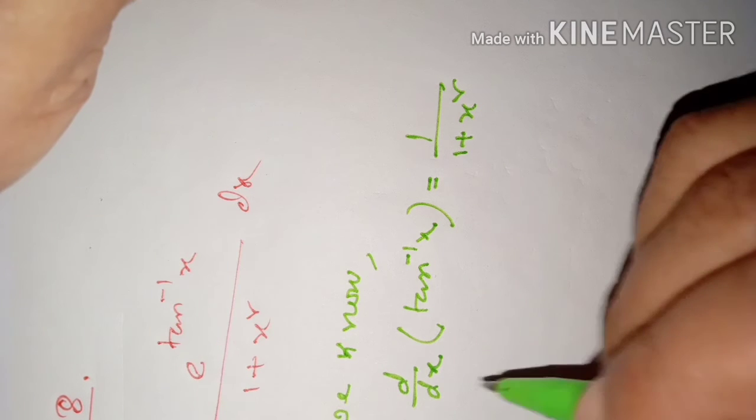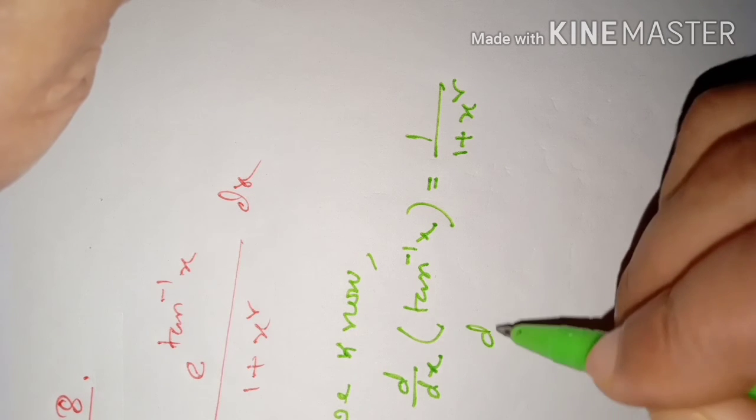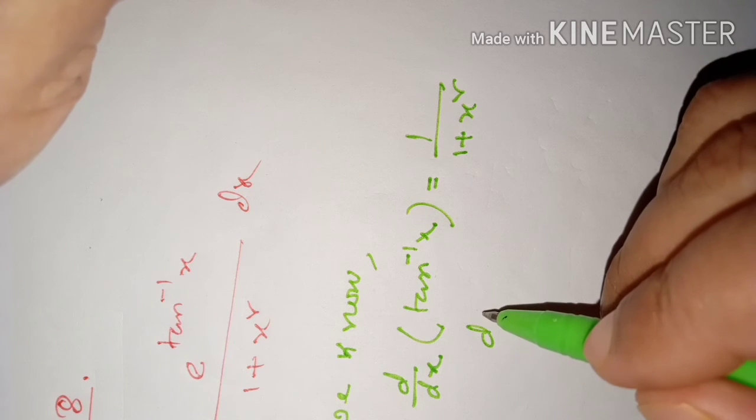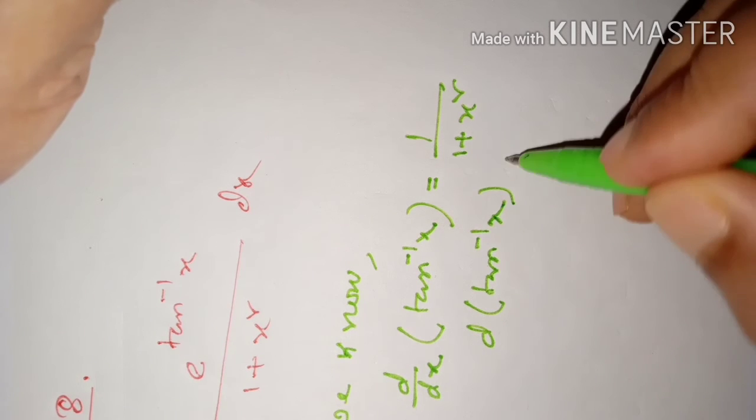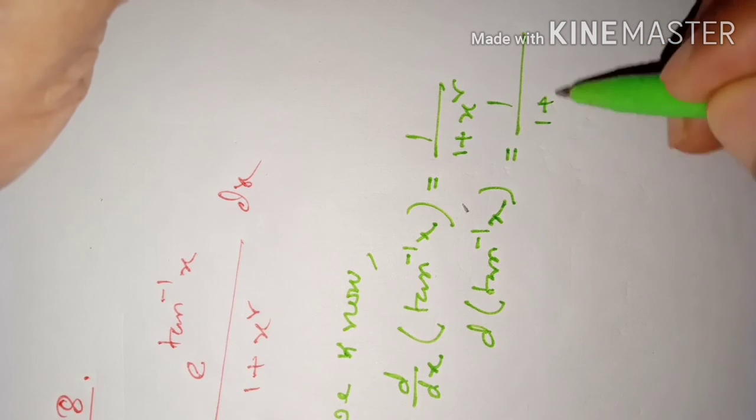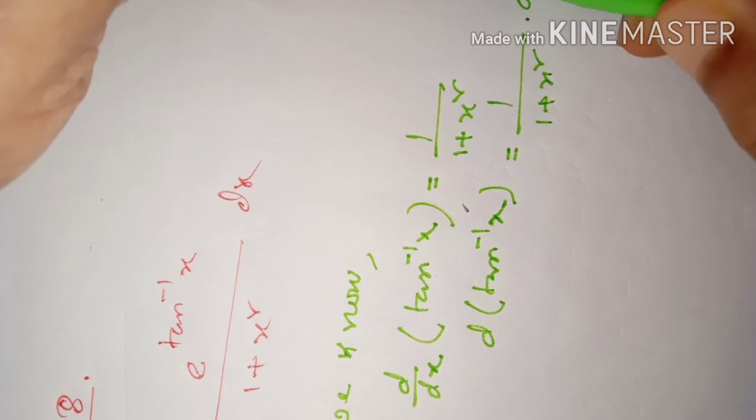Then we can say d of tan inverse x is equal to 1 by 1 plus x square into dx.